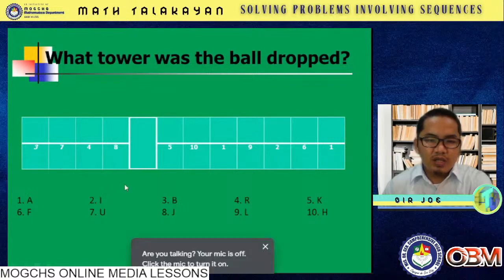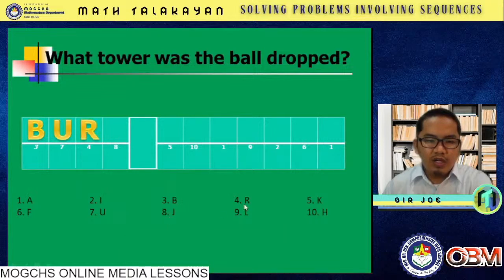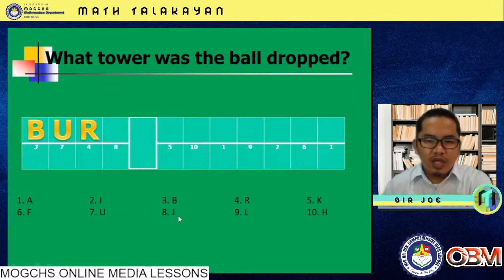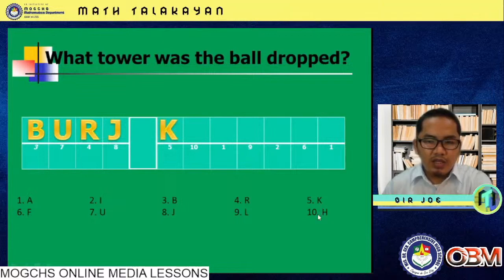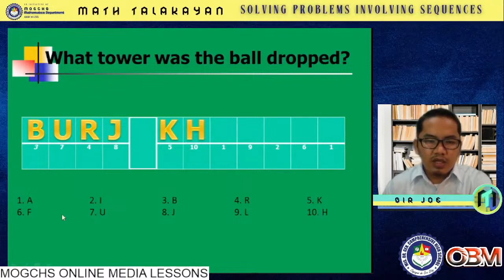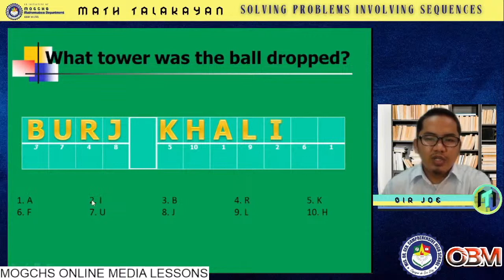We have here 3, this will be letter B. 7 is U. 4 is R. 8 is J. 5 is K. And 10 is H. 1 is A. 9 is L. 2 is I. 6 is F. 1 is A. So the tower was Burj Khalifa. All right.